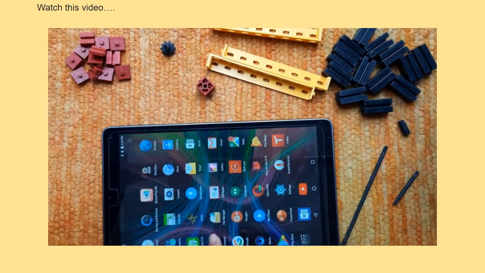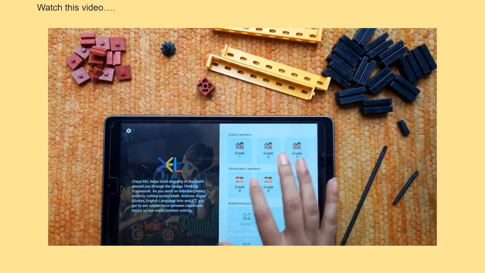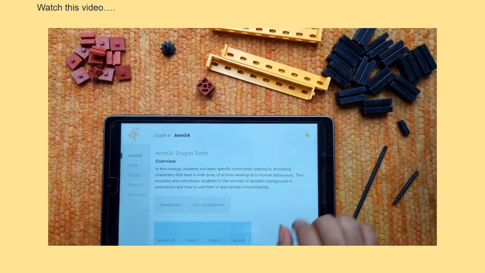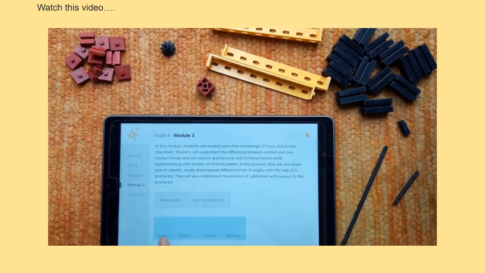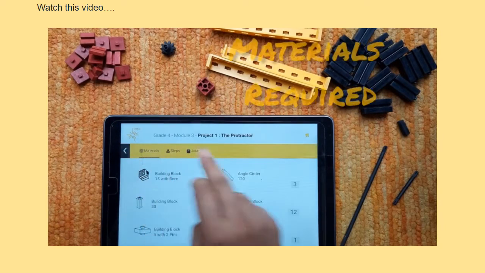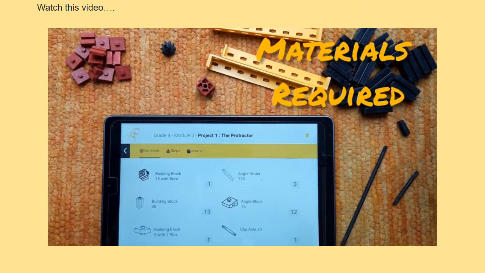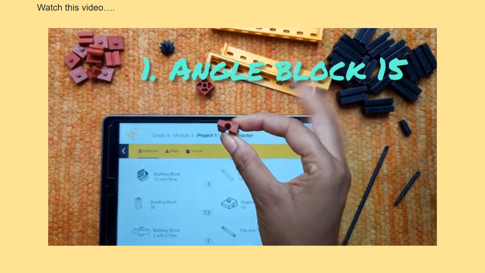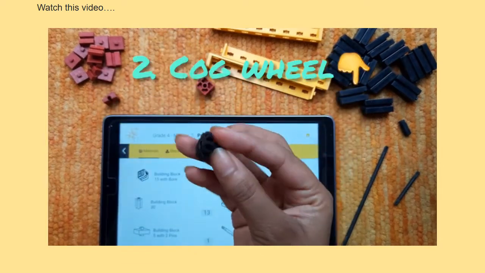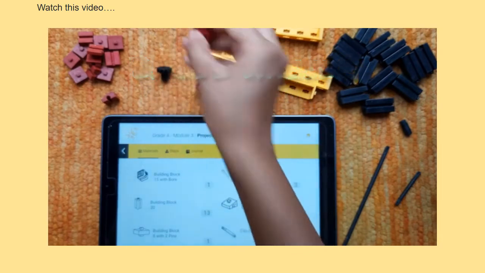Let's begin with the project. Here I am launching the Kriya application, Grade 4, module Slopes and Angles, Project 1. These are the materials that we require. This is angle block 15. This is a cog wheel.